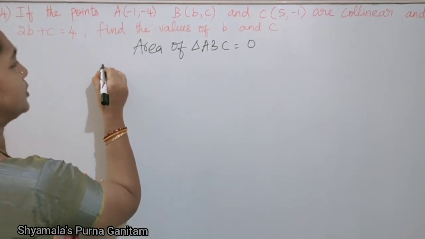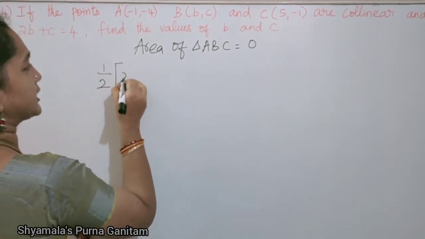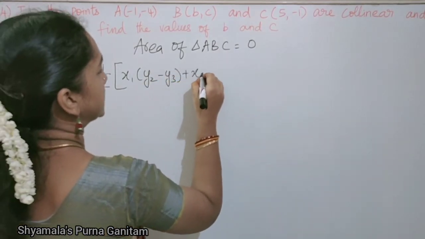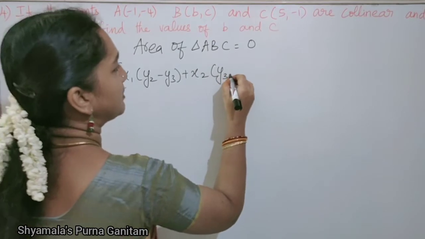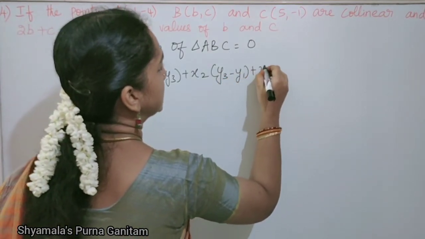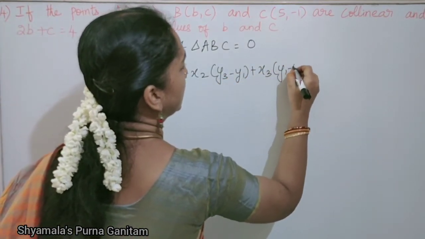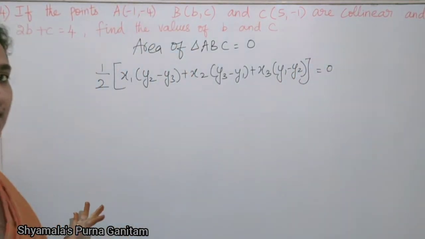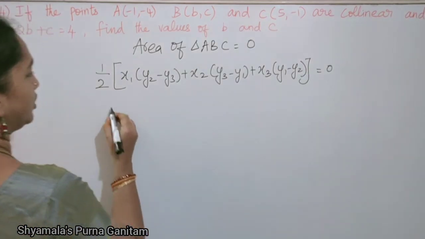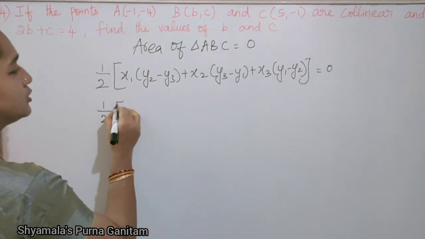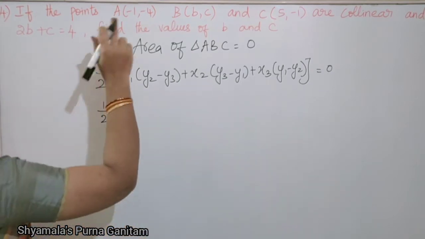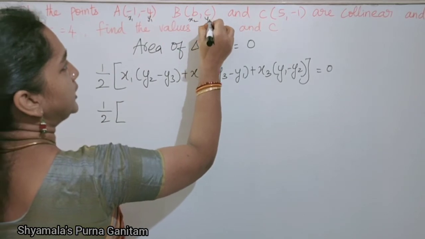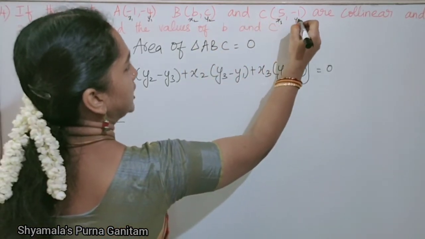So 1 by 2 into x1 into (y2 minus y3) plus x2 into (y3 minus y1) plus x3 into (y1 minus y2) is equal to 0. This is the collinearity condition. Now we'll substitute the values for all these coordinate points: x1, y1, x2, y2, x3, y3.